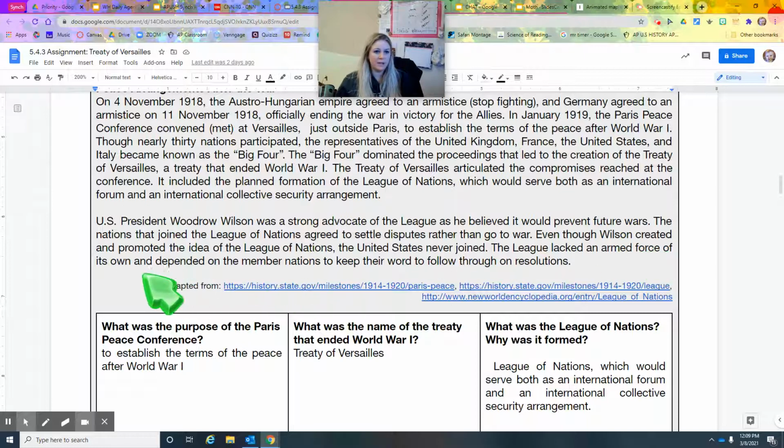Even though Wilson created and promoted the idea of the League of Nations, the United States never joined. The League lacked an armed force, so it did not have an army or military of its own, and depended on the members' nations to keep their word to follow through on resolutions.